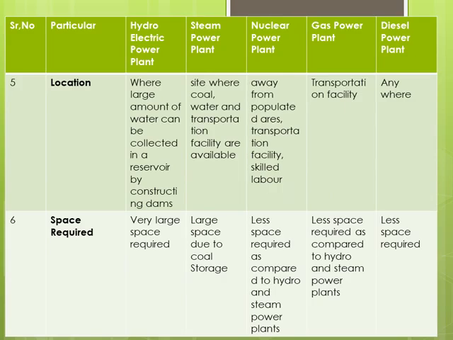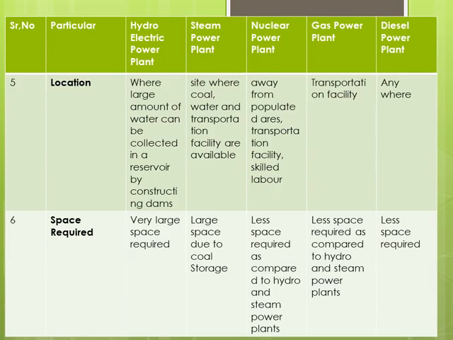Next is the location of these plants. Hydroelectric power plants are located where a large amount of water can be collected in a reservoir by constructing dams. Steam power plants are located where coal can be available, and water and transportation facility should also be available there.